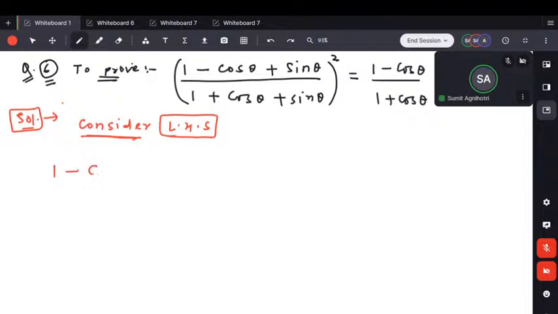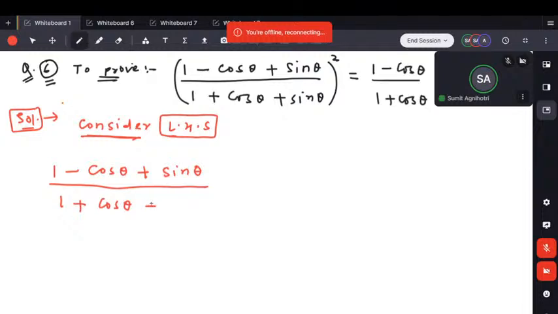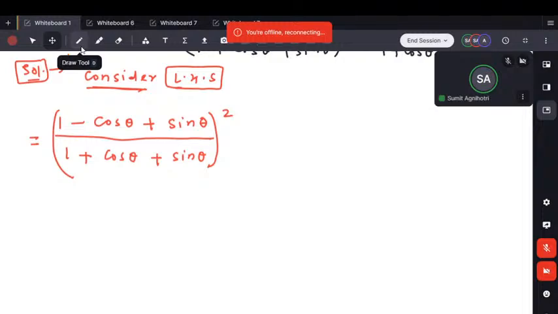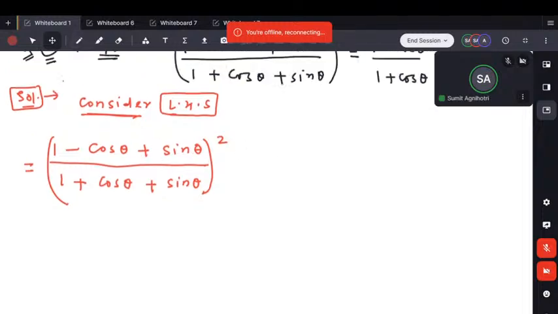That's why write this LHS again, 1 minus cos. Yeah, you can do all these steps in your exam as well. If you are considering LHS, you can indicate LHS again. Now as you can see, it is somehow what you want in RHS.